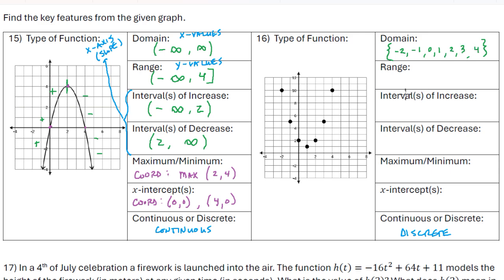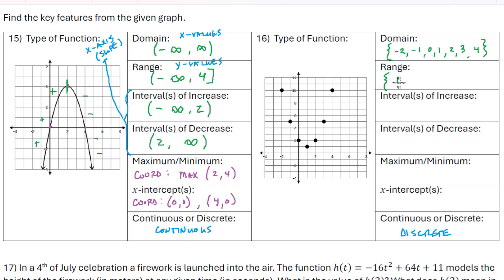Okay, how about range? Now we're looking at all of our possible y values. So now we'll look on the y-axis. Again, we start with the lowest one. So on the y-axis, we have 1, and then 2, and then 5, and then 10.